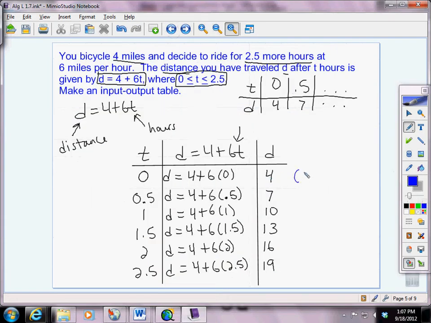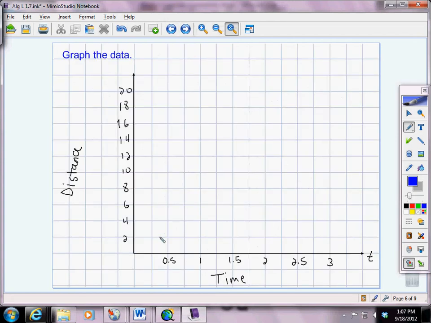Remember, these are ordered pairs. If you input a 0, you get out a 4. If you input a 0.5, you get out a 7. If you input a 1, you get out 10. So we just want to plot these points on our graph. 0, 4. 0.5, I came way out here, to 7.